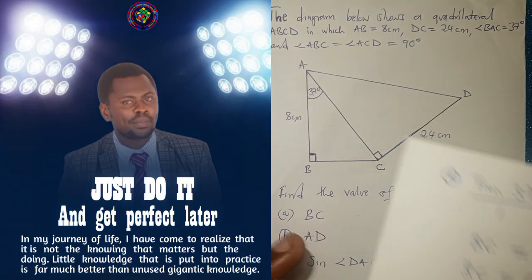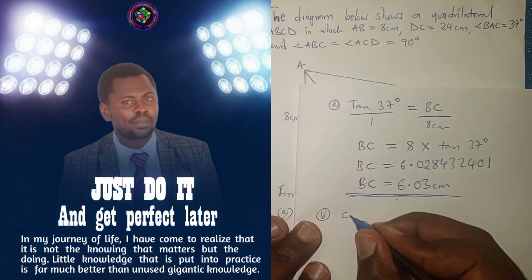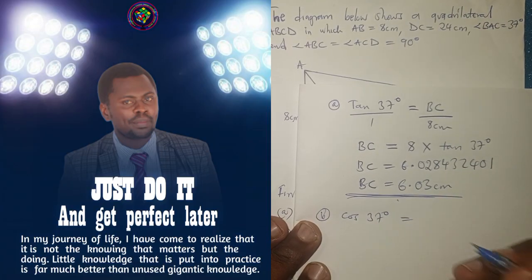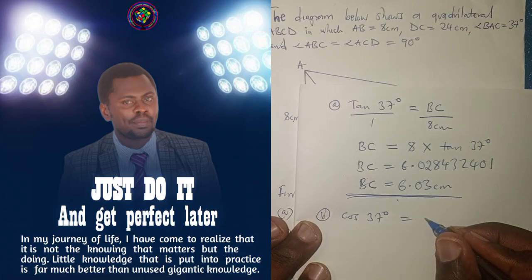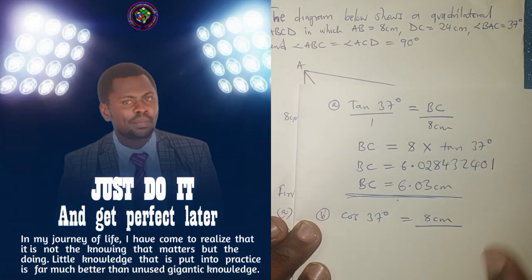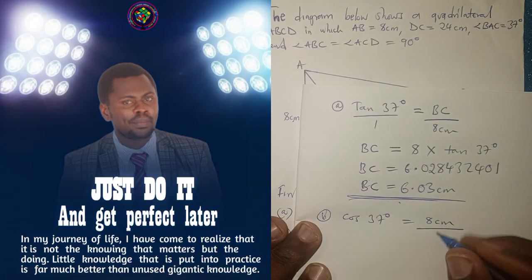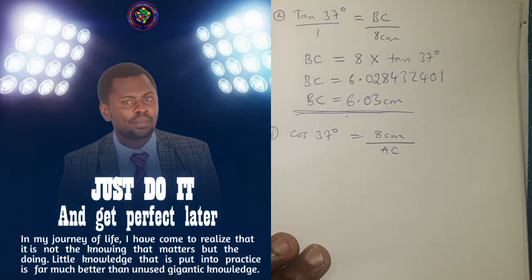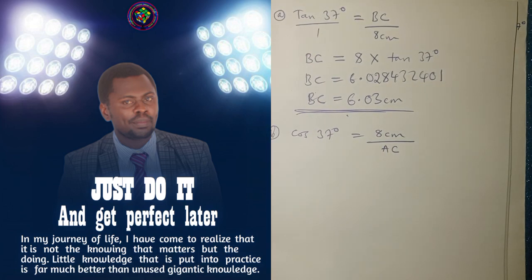So we'll say cos of 37 degrees is equal to adjacent, which is 8 centimeters, over hypotenuse, which is AC. So we have cos 37 degrees is equal to 8 centimeters over AC.